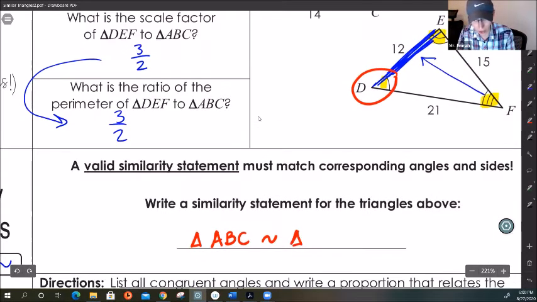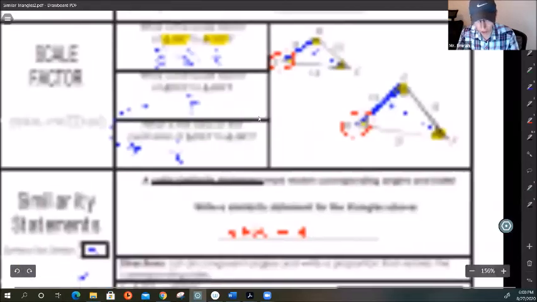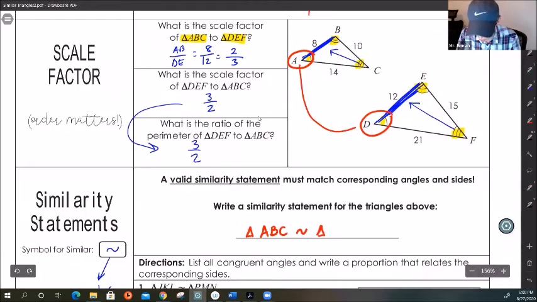Now you gotta follow the exact same angles here. A corresponds to D, so I know that I need to put D first. If I put the name DEF in any order, that wouldn't work. You gotta write it in the exact same order of angles. The second triangle's name, you cannot put it any way that you like.